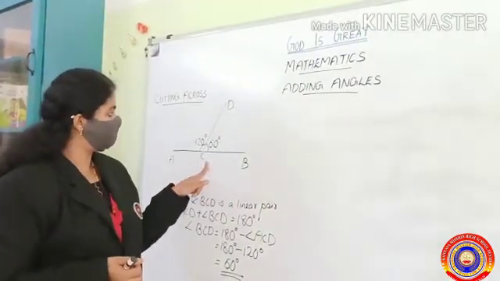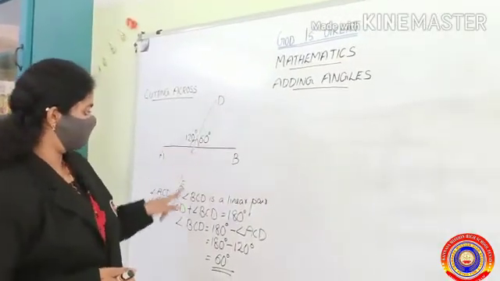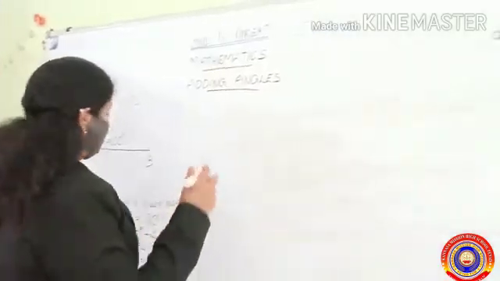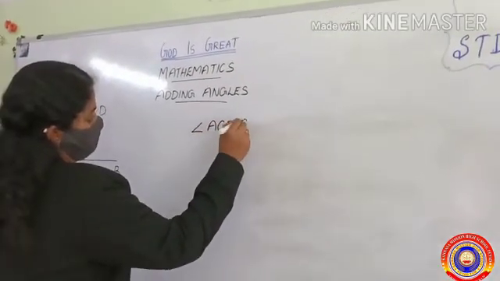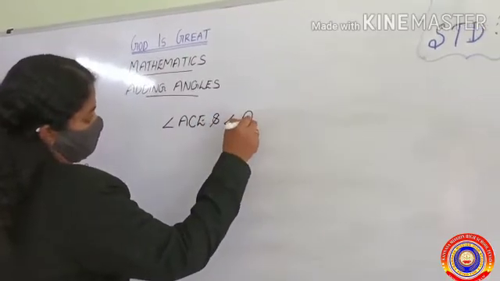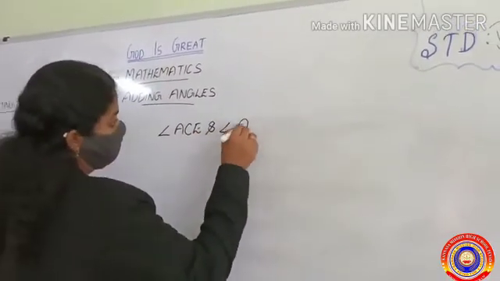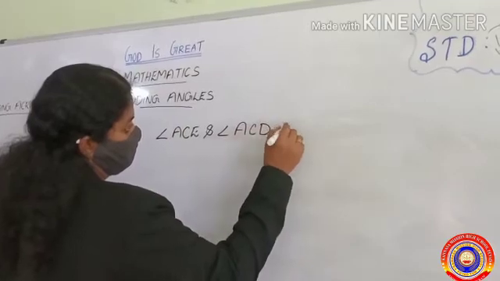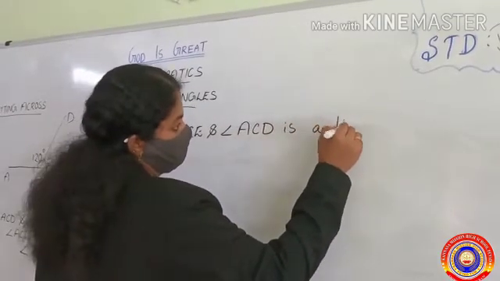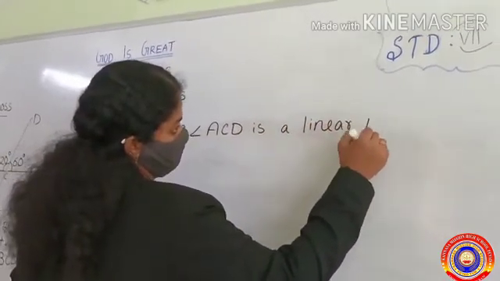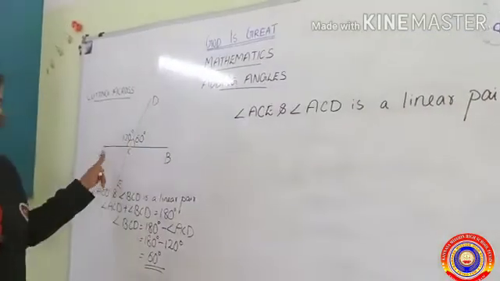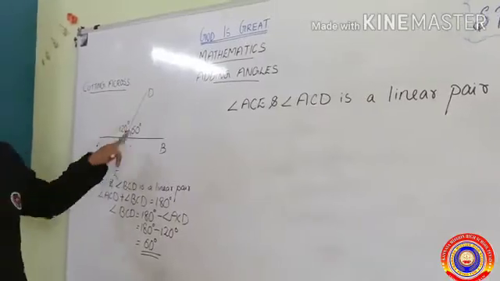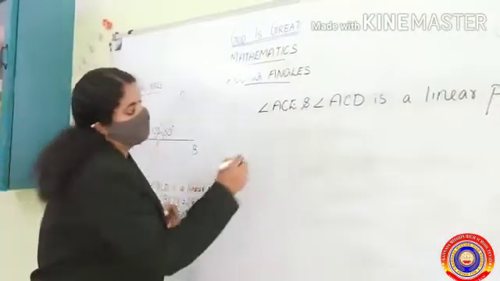Similarly, we want to find the angle ACE. We know that angle ACE and angle ACD is another linear pair. So the sum of the angles must be 180 degree.